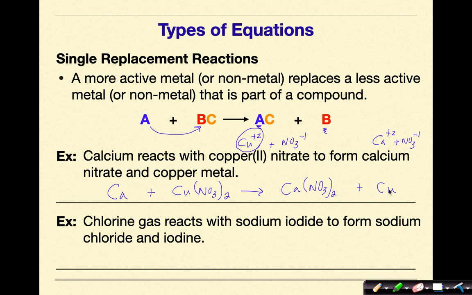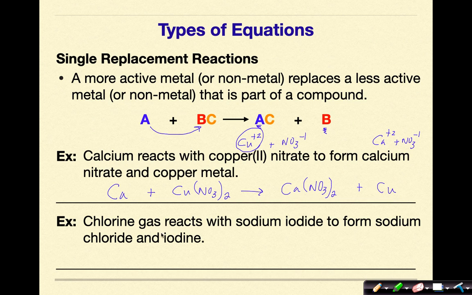We have a species losing electrons or being oxidized, namely the calcium on the left side, and we have a species that is less chemically active, being reduced, gaining electrons, namely the copper 2 ion as part of the copper 2 nitrate reactant, being reduced to free element copper, namely copper 0, and that is a reduction.